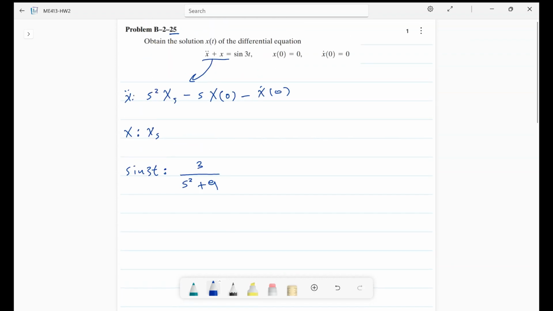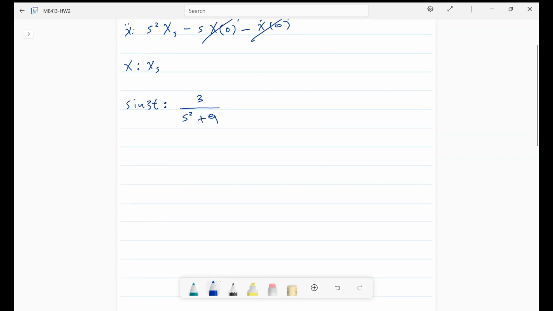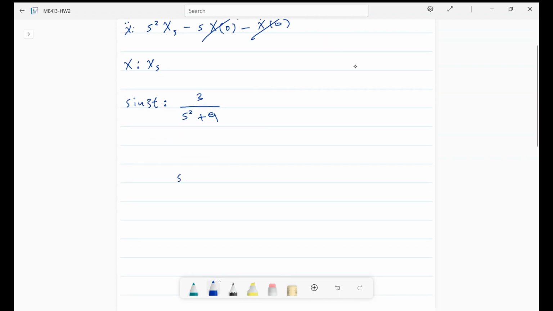Now, before plugging these values back into our original equation, we will simplify our terms. We end up with s squared X(s) plus X(s) equals 3 over s squared plus 9.